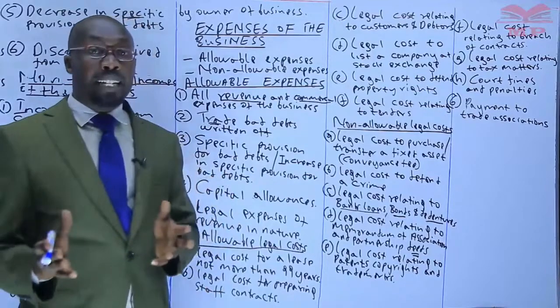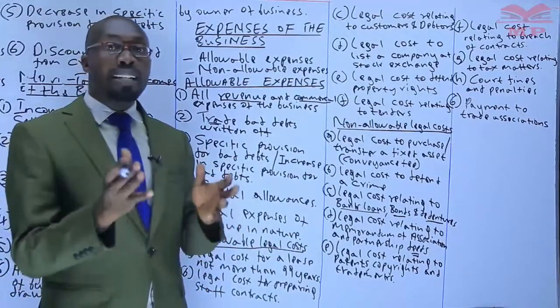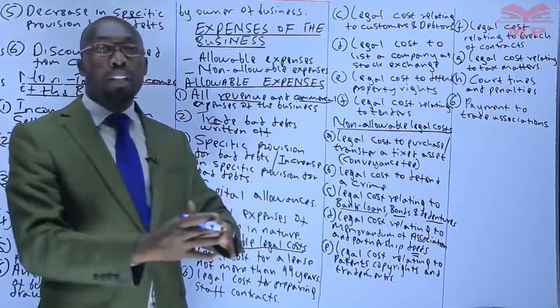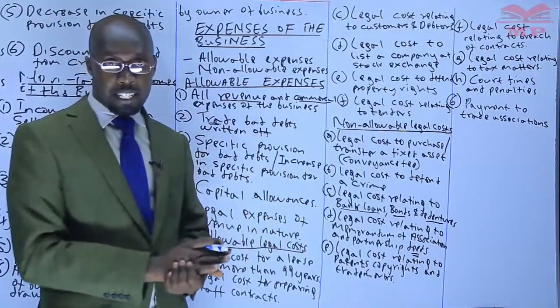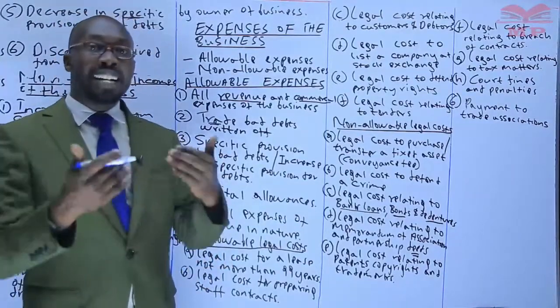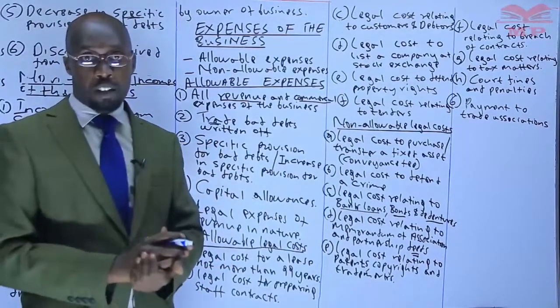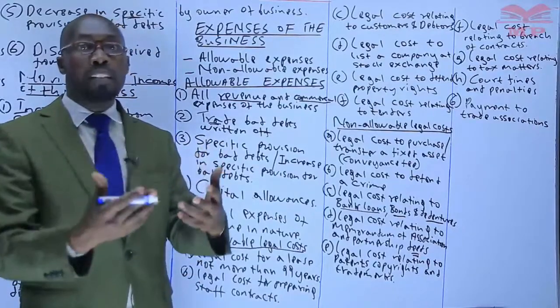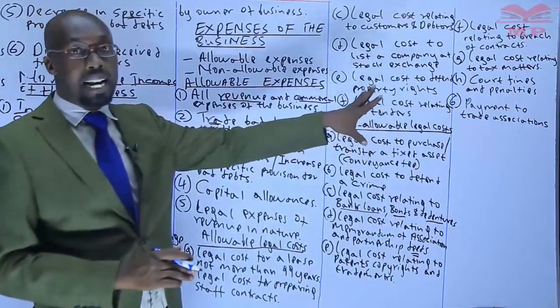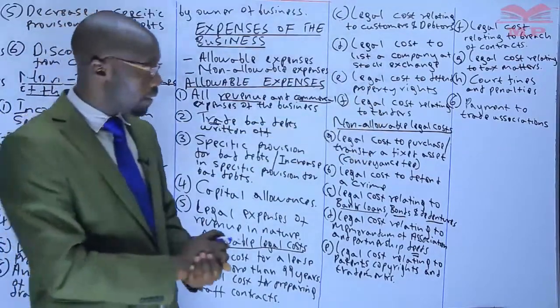If you are in manufacturing, there is an association called Kenya Association of Manufacturers. It is there to protect the interest of the manufacturers. So when a business pays to this association, it is helping to strengthen them, to help them fight for their interests. So that amount is supposed to be an allowable expense.